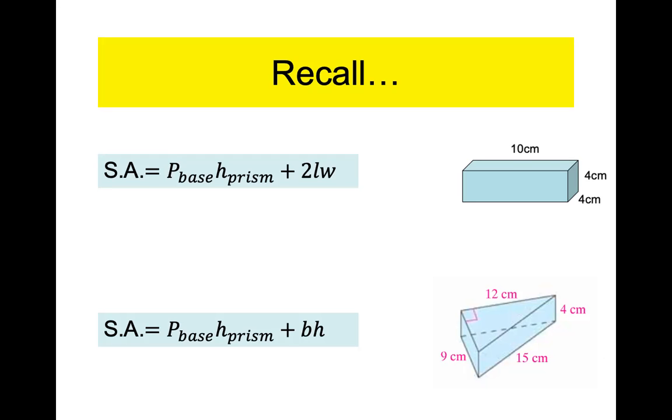This is why this one just says base times height. Capital P stands for perimeter. Once again, you can't choose your base this time, it's the triangle. So we take the triangle, calculate its perimeter, multiply it by its height, the distance between the 2 triangles, and then to that we add the base times the height of the triangle.